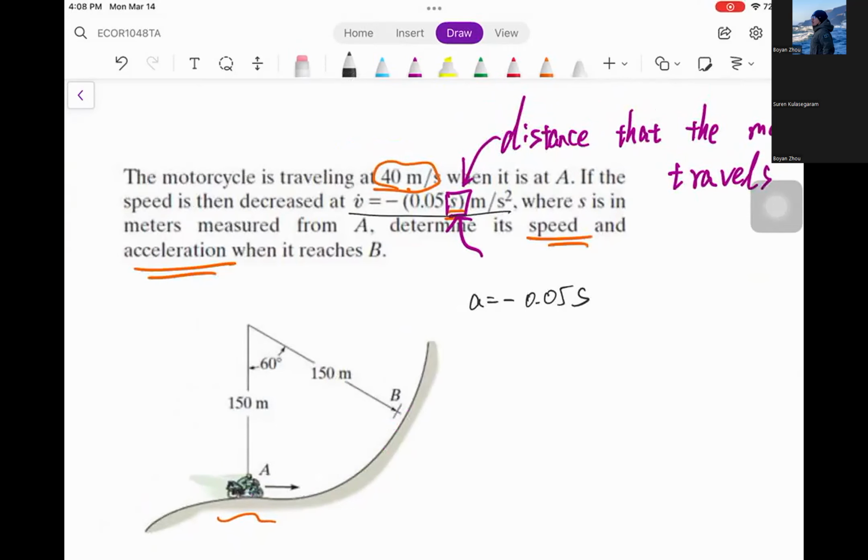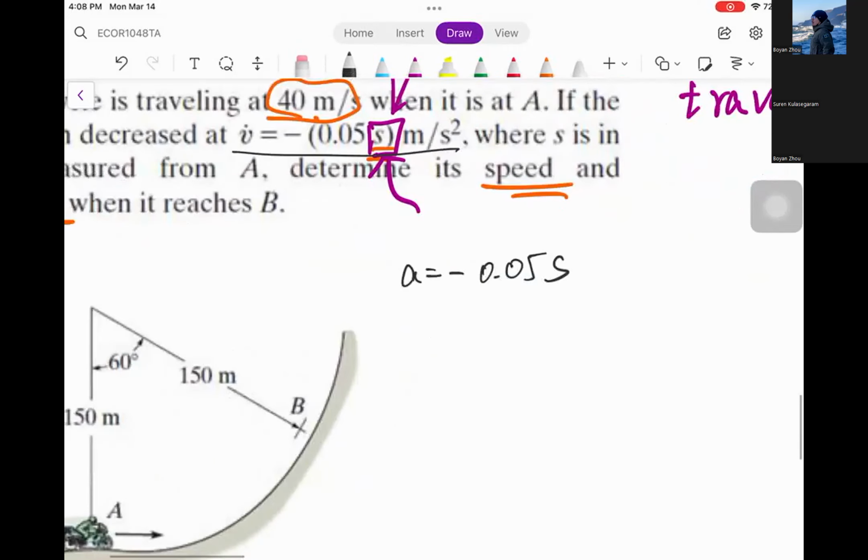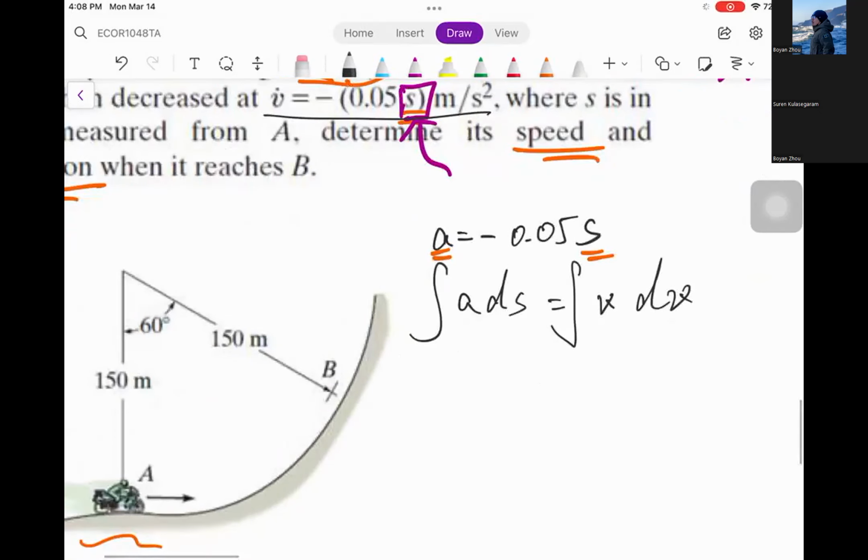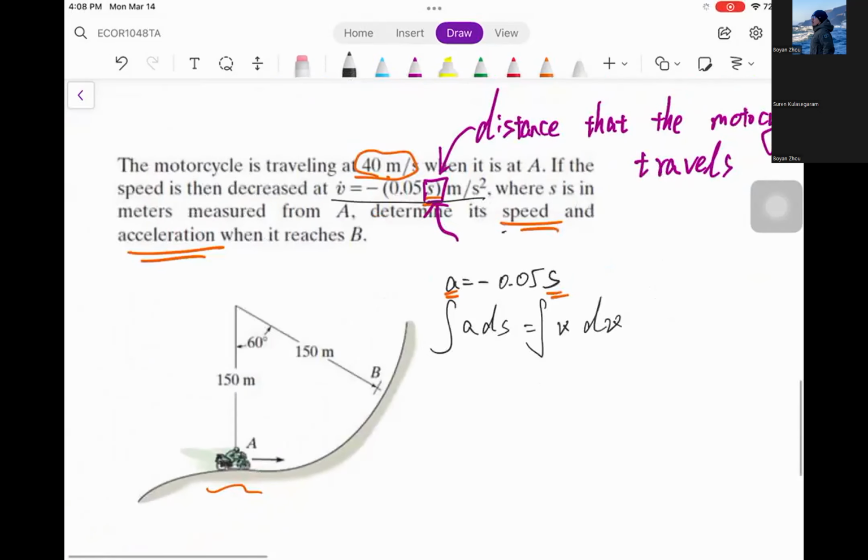So the formula we're going to use for this one is a ds, since we know what a is and what s is, equal to v dv. So we're going to use this one. First, we're finding the speed. So we have the equation here. We just need to set up the boundary.